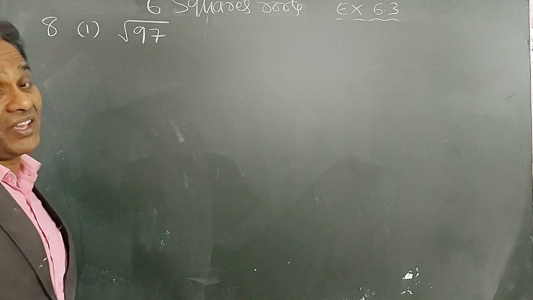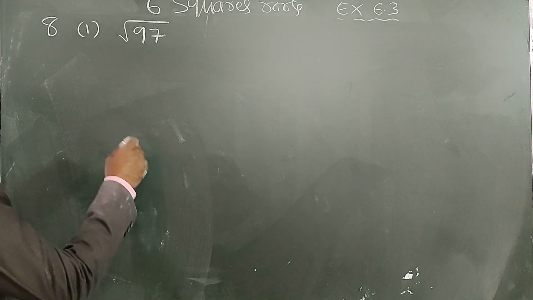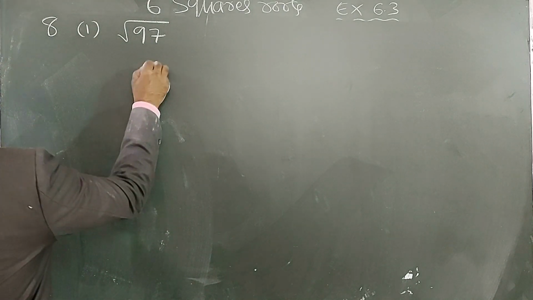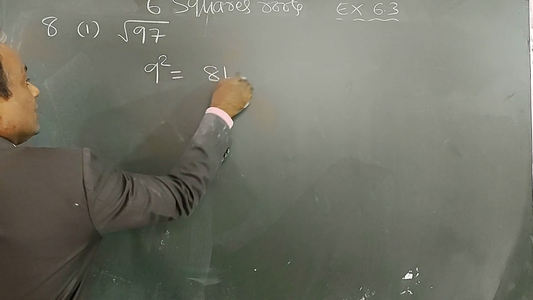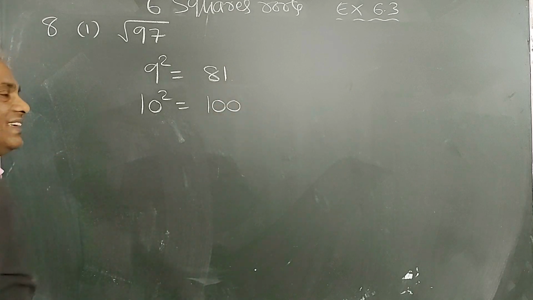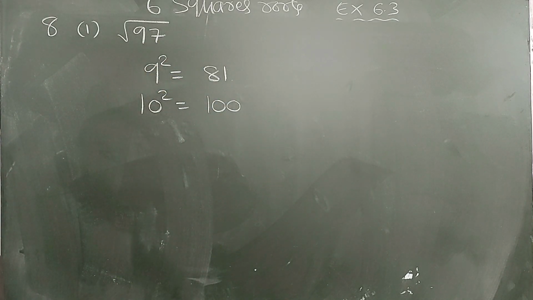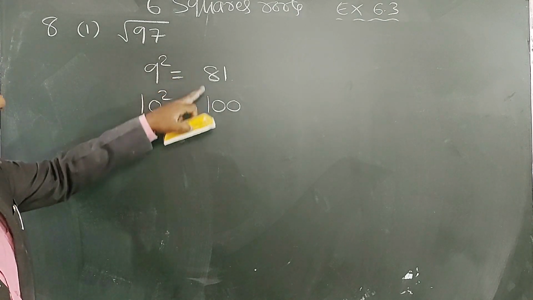For 97 you have to search the nearest perfect squares. 8 square is 64, 9 square is 81, 10 square is 100. 97 is between these two.